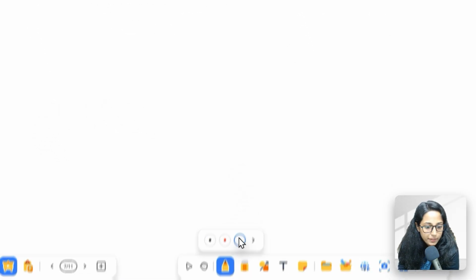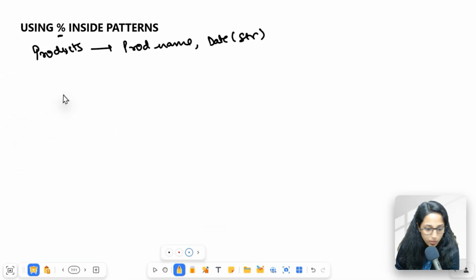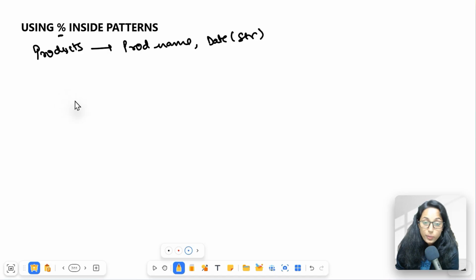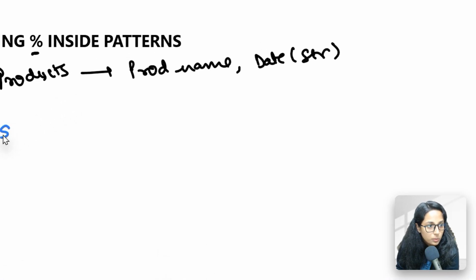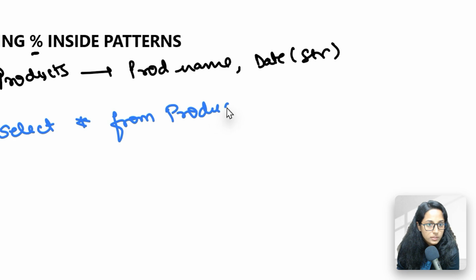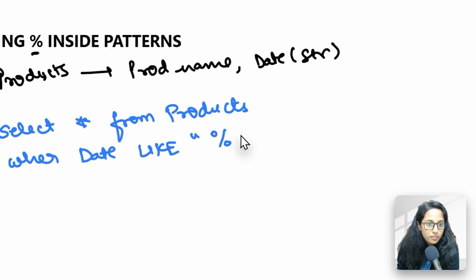I want to write a query to find all the products which have 2025 in this. So I would say select star from products where my date is like percent 2025. It should be ending with 2025 since it is a year.